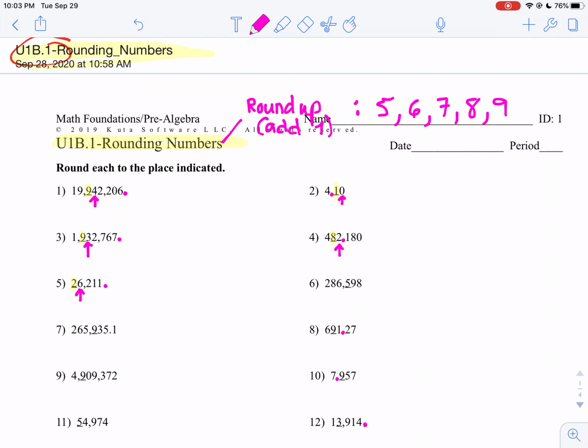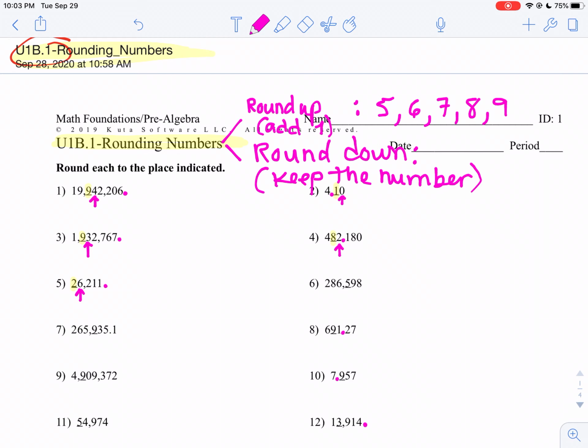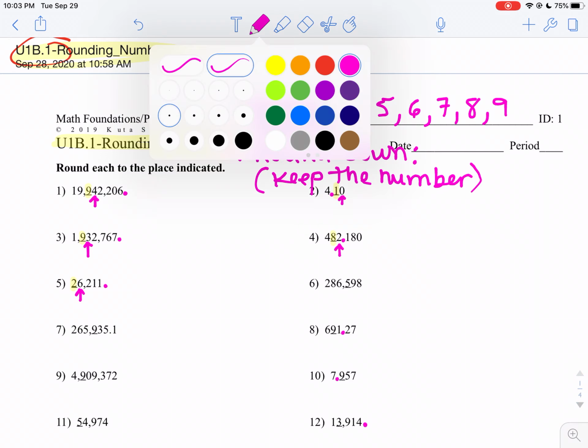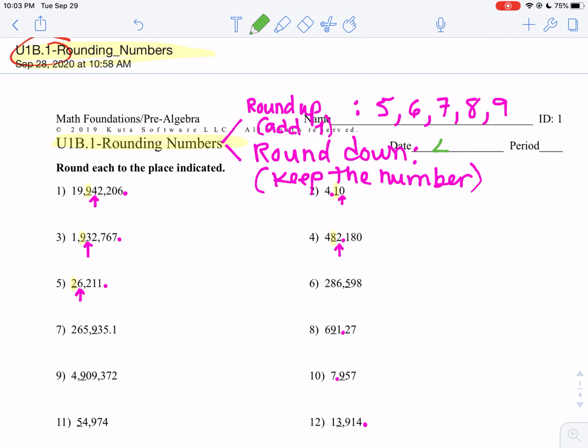If it's any other number, you round down. Round down means keep the underlined number. You round down if you see a 4, a 3, a 2, or a 1. So those are your rules.